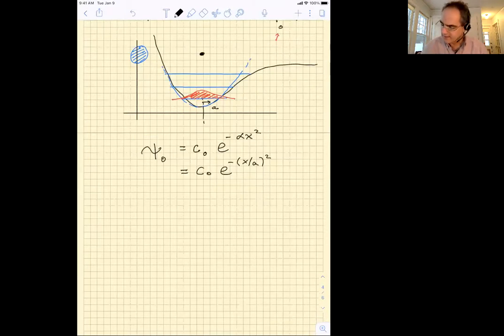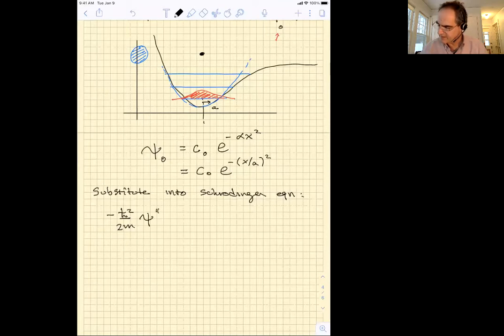Okay, now we'll substitute this wave function into Schrodinger's equation to make it into an equation for a. So remember, Schrodinger's equation here is telling us that minus h bar squared over 2m times the second derivative of the wave function is equal to E minus potential energy times the wave function.